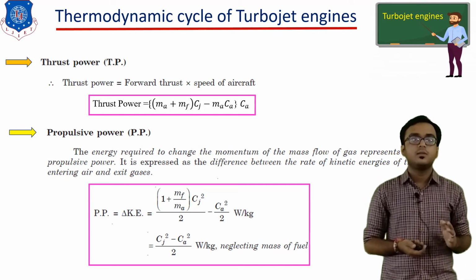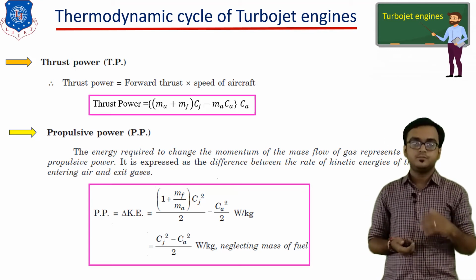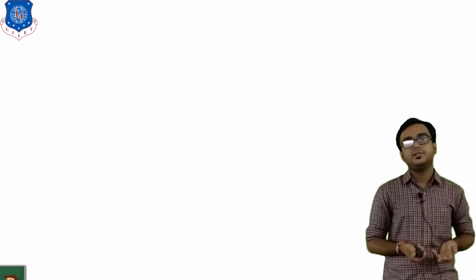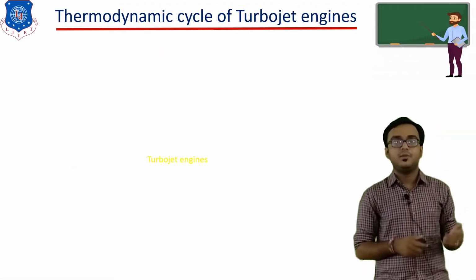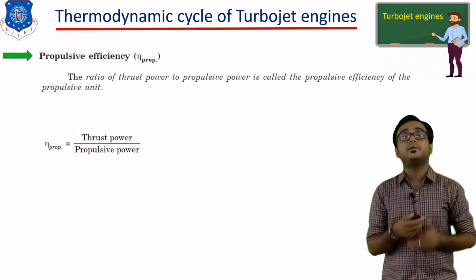Clear to all? Now next one I would like to brief you about is the propulsive efficiency. What do you mean by propulsive efficiency? Propulsive efficiency is nothing but the ratio of thrust power to the propulsive power.